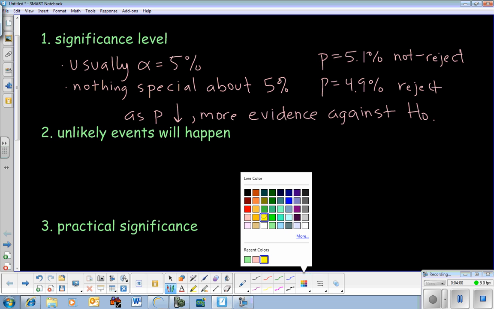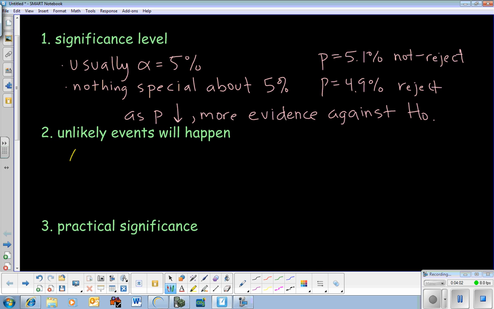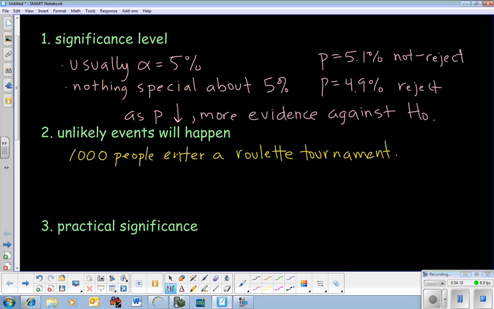So let's say 1,000 people enter a roulette tournament. Okay, so roulette is purely luck, the way the ball falls, the marble in the colors. 1,000 people enter a roulette tournament. I don't even know if there are roulette tournaments, but sounds fantastic, so we'll go with that.